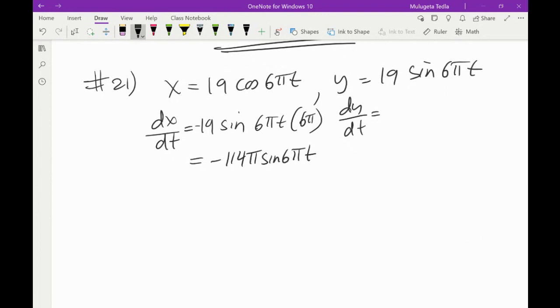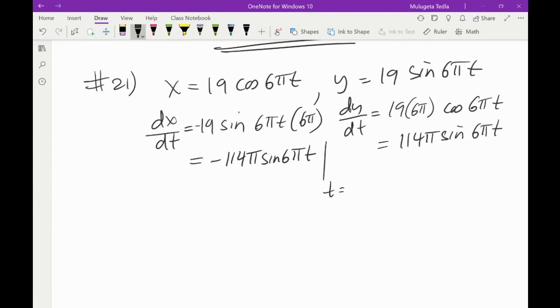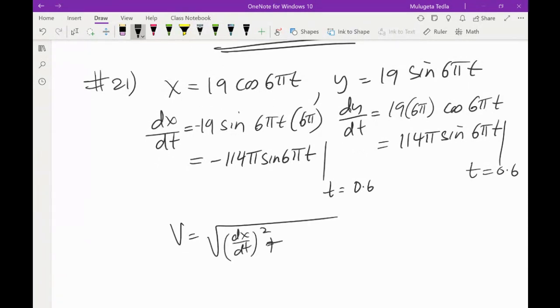The dy by dt is 19 times 6 pi cos of 6 pi t, which is 114 pi cos of 6 pi t. Then you plug t to be, did they give us t? Yeah, at 0.6, you plug t to be 0.6, and then the velocity they are asking is the square root of dx by dt squared, whatever you found, plus dy by dt squared. That is the magnitude.